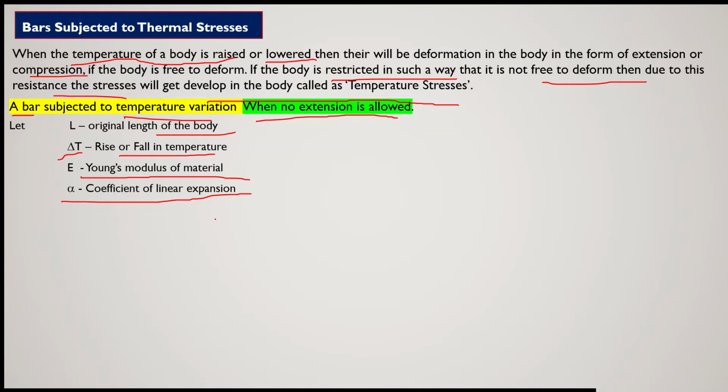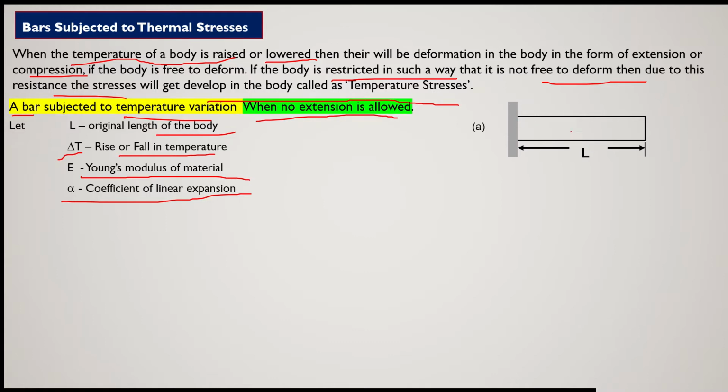As per physics theory, we know that extension in a member is directly proportional to its initial length. So accordingly, alpha will be the extension in the member. That means the coefficient of linear expansion states the extension in the member per unit length of the member. Now see here figure number A. This is the support.